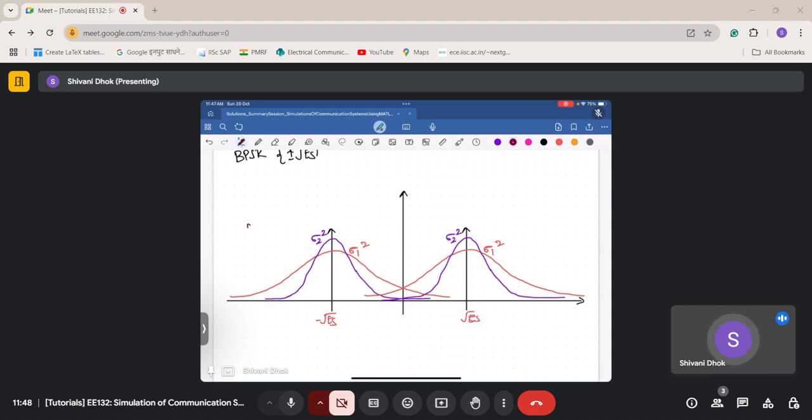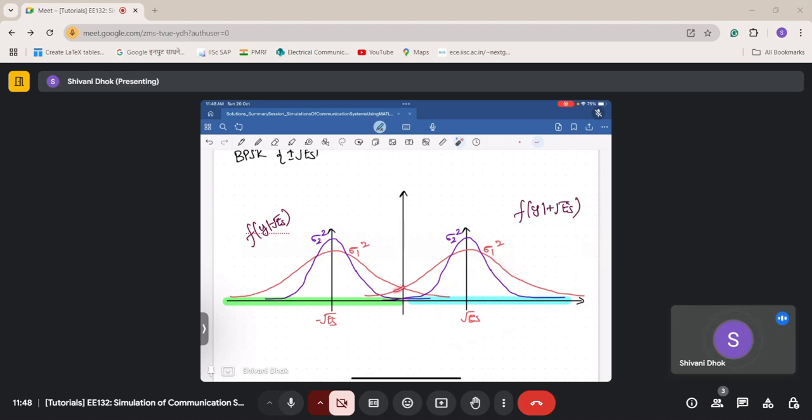This side is your conditional PDF of y given minus root ES, and this is the region of y given under root ES. And what you do is, in this green region you decide in favor of minus under root ES, and in this blue region you decide in favor of ES.